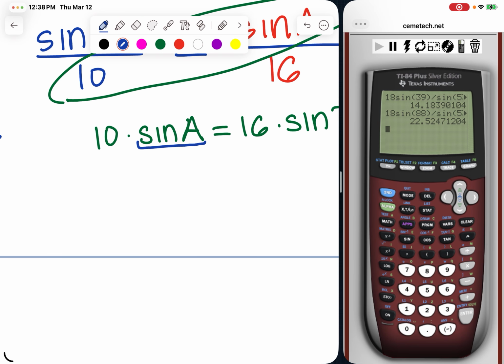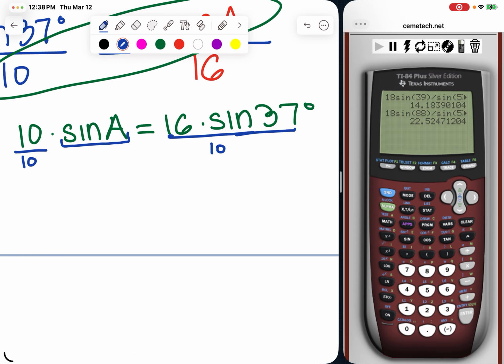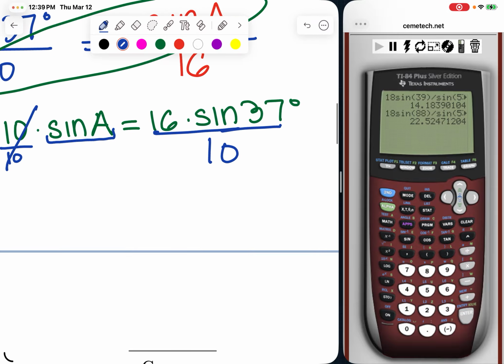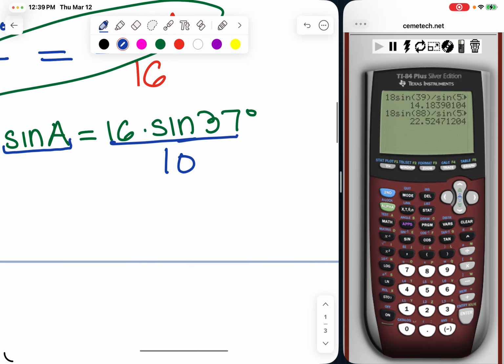Right now it's trapped in the sine of A, but this 10 is hanging out in front as a multiplier, so I'm going to divide by 10 first. These cancel. Now I have sine of A equal to that, and I need to get rid of sine. To get rid of sine, I use its inverse, which is sine inverse.